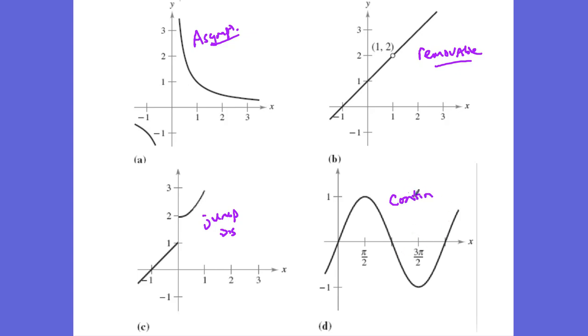Why is this continuous? Because you can pick any point c right here. The limit exists, our point exists at f of c, and not only does the limit exist as x approaches c of f of x, but that limit is equal to that point f of c. All three conditions hold, which means this is continuous.